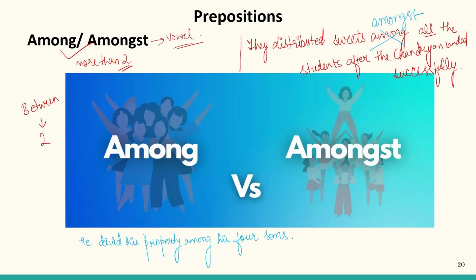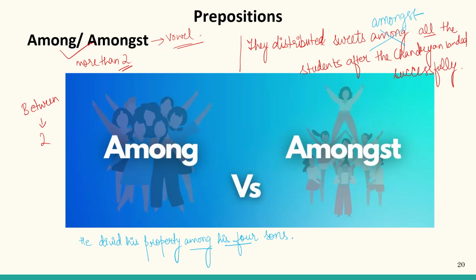So here we have among before the words his 4 sons. 4 is obviously more than 2, so here we can use among, and his is not a vowel-starting word, so the word among is not followed by a vowel. That is why among is suitable over here. So this sentence is again correct. Now this is the difference between among and amongst.